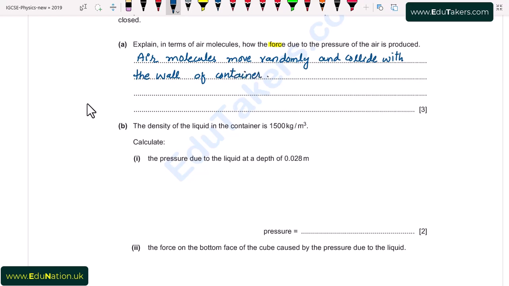And they change their direction, or we can say that they bounce back.